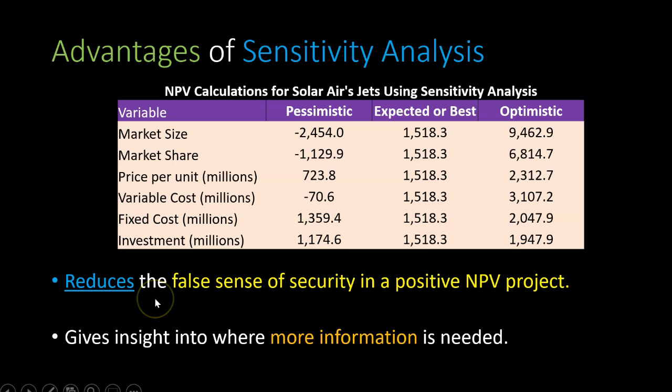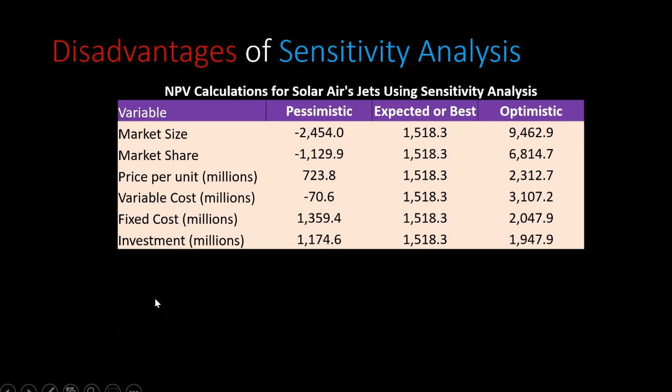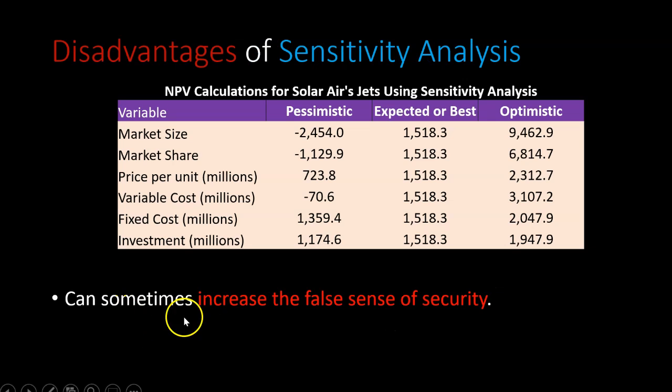However, this sort of sensitivity analysis also has some disadvantages. So here's one. Sometimes it can actually increase the false sense of security from investing in a project. What I mean by that is this. Take a look at the price per unit. We are looking to sell each jet for $2 million per year. And we said, hey, well, even in a pessimistic situation, we're going to have a positive NPV.